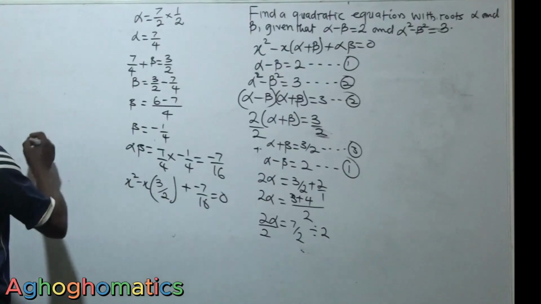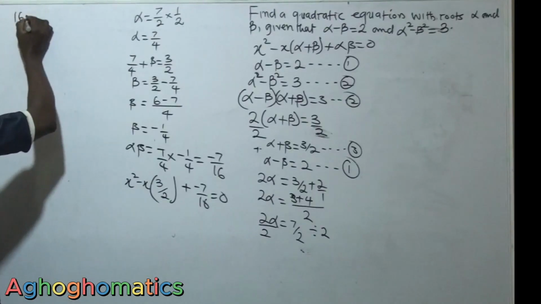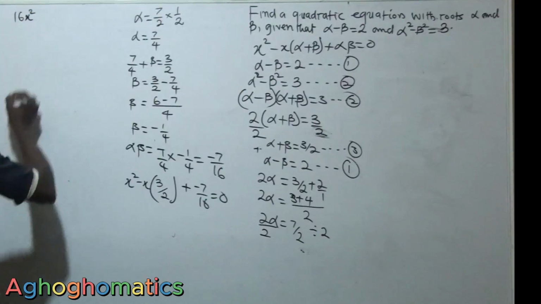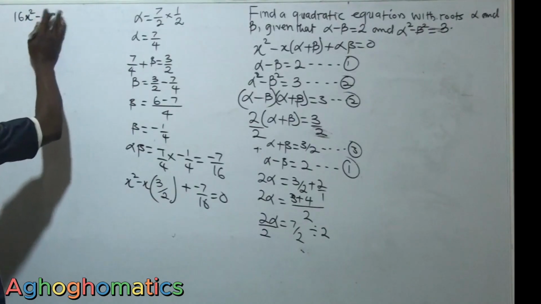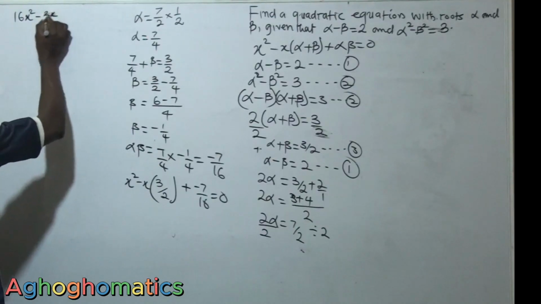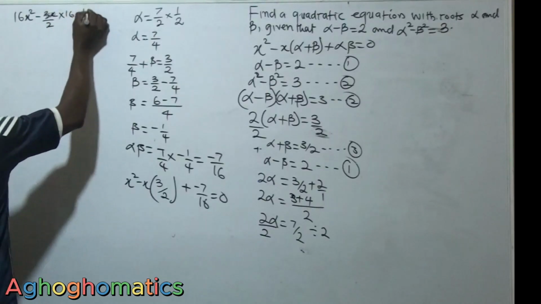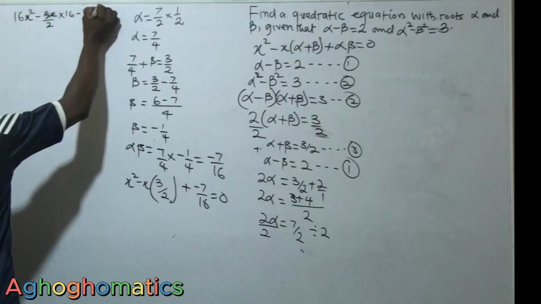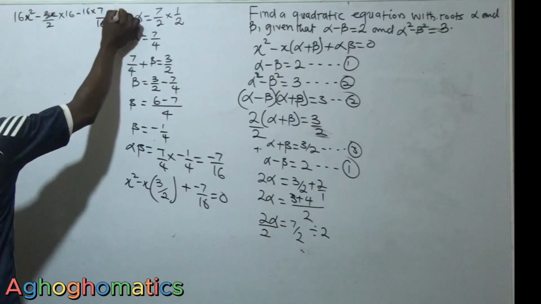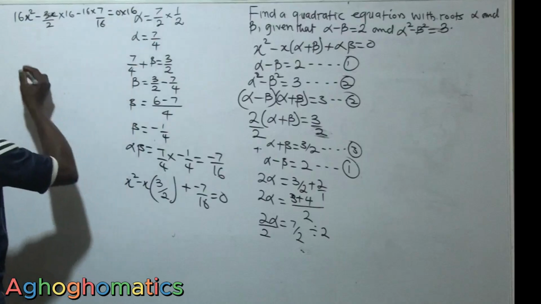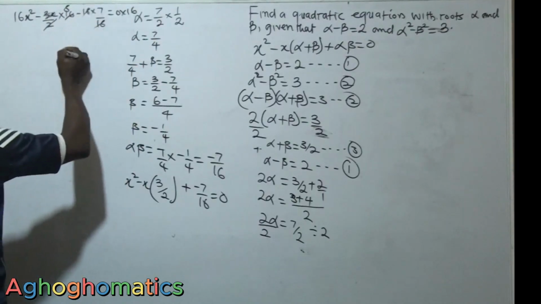The LCM there is simply 16. So if 16 goes there, this becomes 16x squared. Then 16 multiplied by this is minus 3x over 2 times 16. Then minus 16 times 7 over 16 is equal to 0 multiplied by 16. So here we have 8, this cancels this.